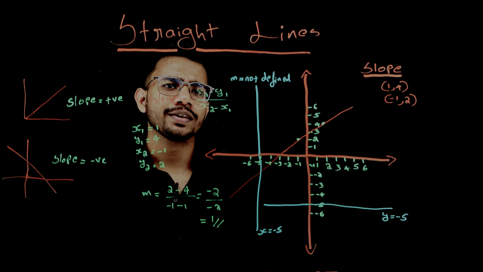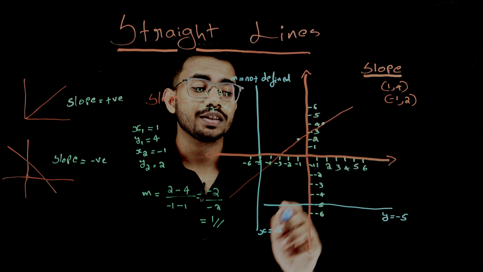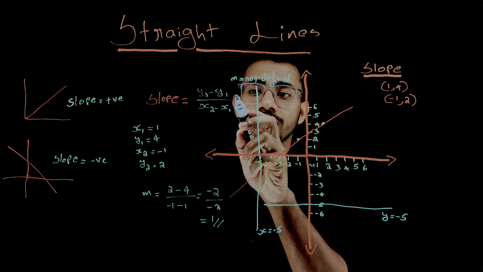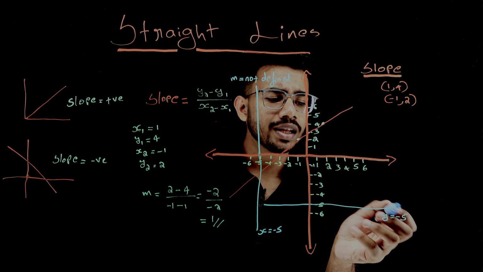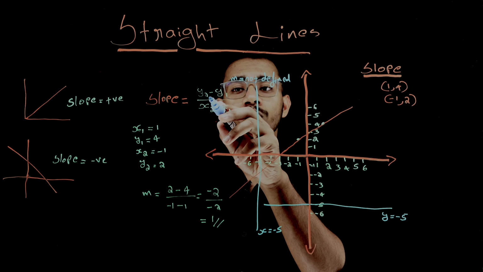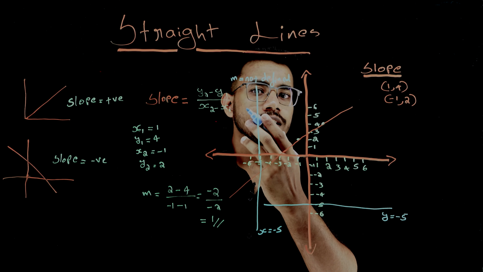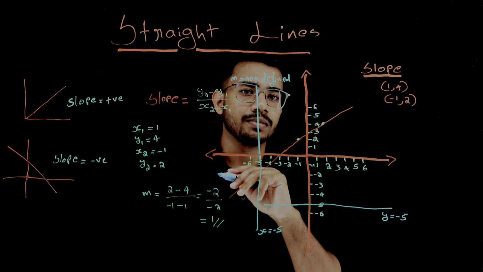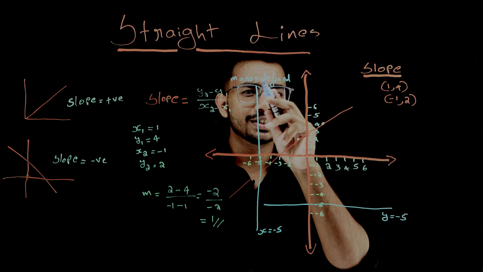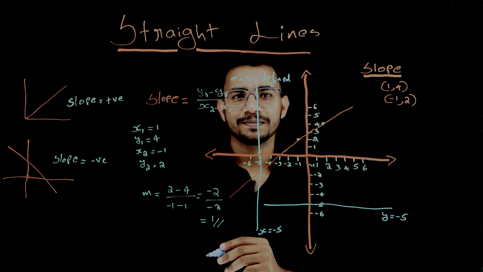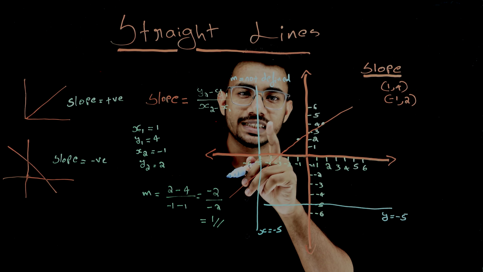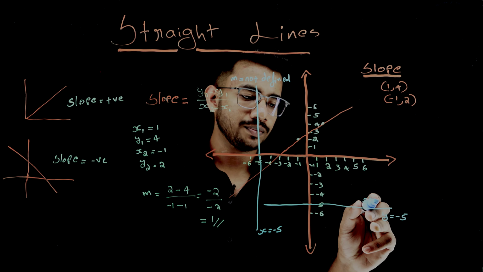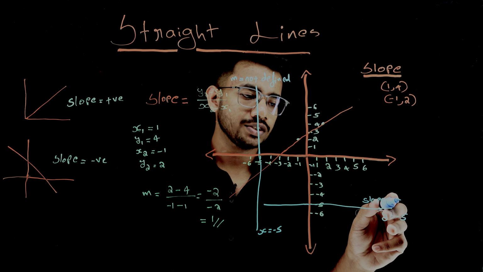But here it's not going anywhere, it is staying still. So the y value is constant. That means y2 and y1 are the same, -5 itself. So y2 minus y1 becomes 0. So it becomes 0 divided by some number. And what is the value of 0 divided by some number? That is going to be 0. So in this case, the slope is going to be 0.